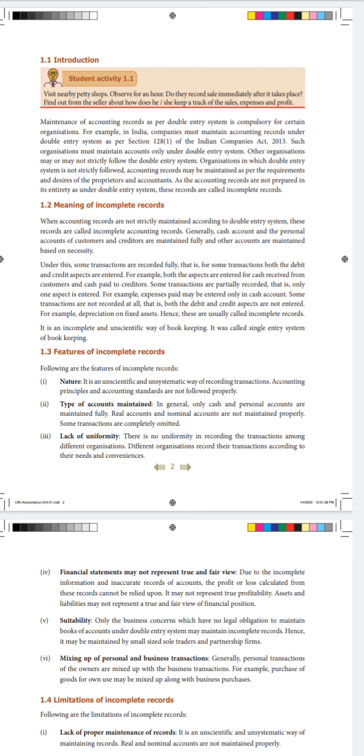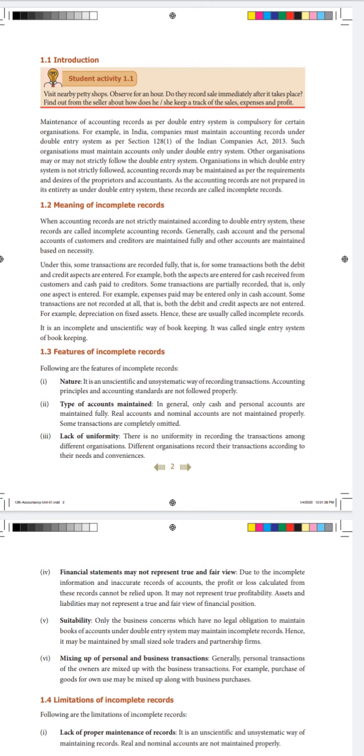Then, meaning of incomplete records. As I said, we'll be entering only one aspect or incomplete information, wherein we are strictly not following the double entry system. Here, as I said, we'll be entering only the cash and the personal accounts of the customers and also the creditors. And there are certain transactions wherein both the aspects will be recorded.